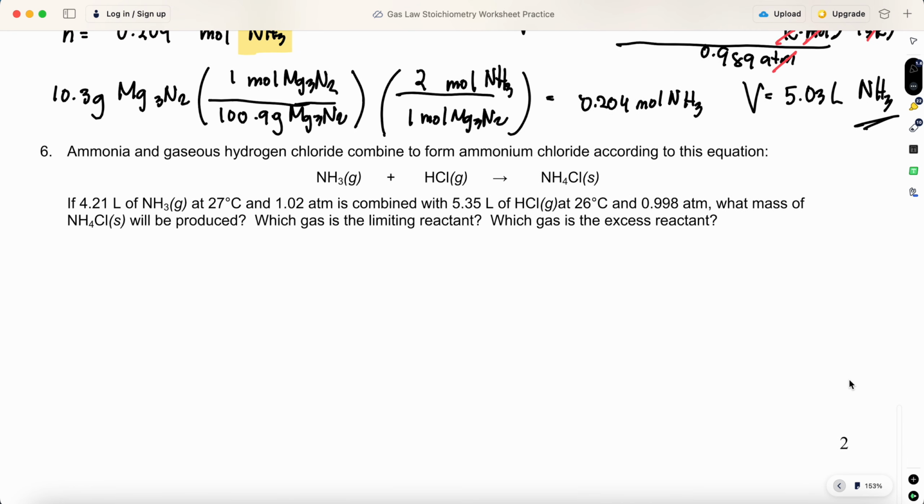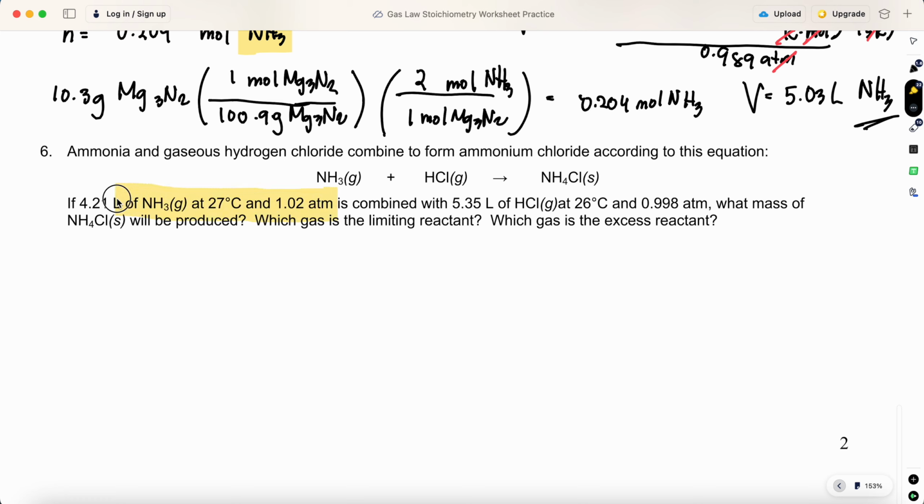For the last part, we have this problem. Ammonia and gaseous hydrogen chloride combine to form ammonium chloride according to this equation. Notice that this problem is somewhat different from the previous examples. We have 4.21 liters of NH3 at 27 degrees Celsius and 1 ATM.